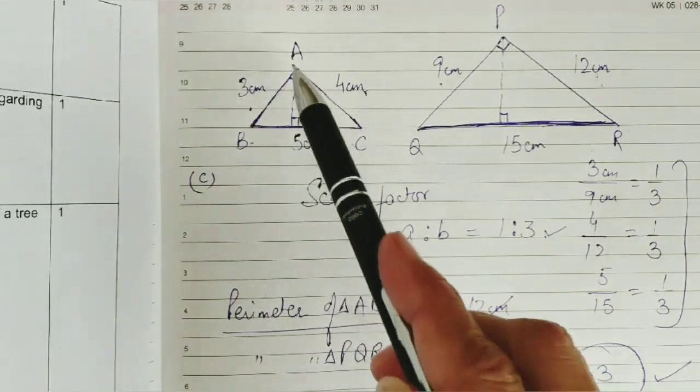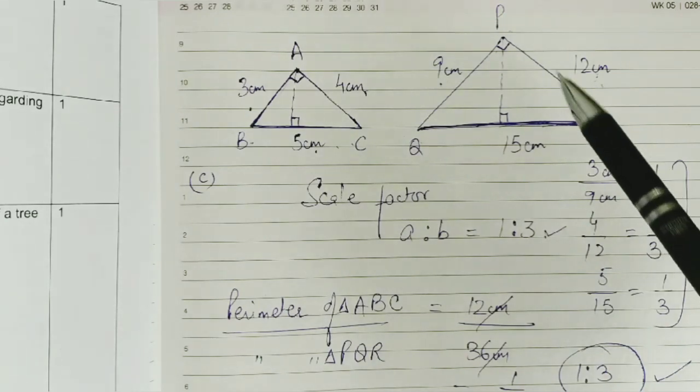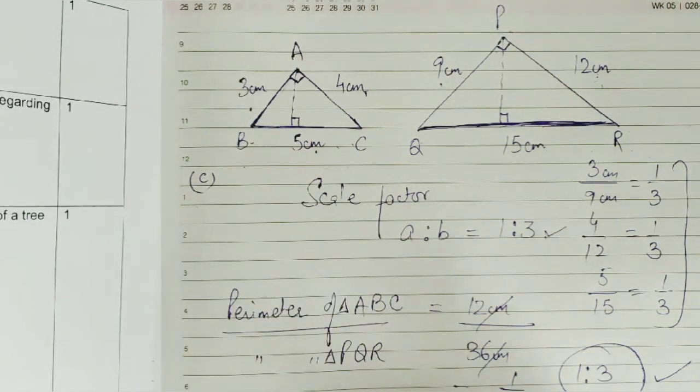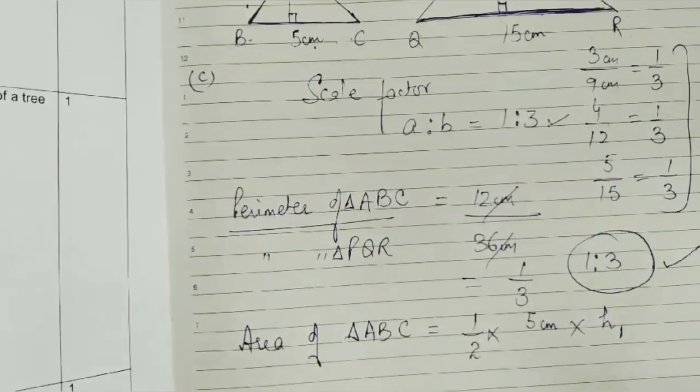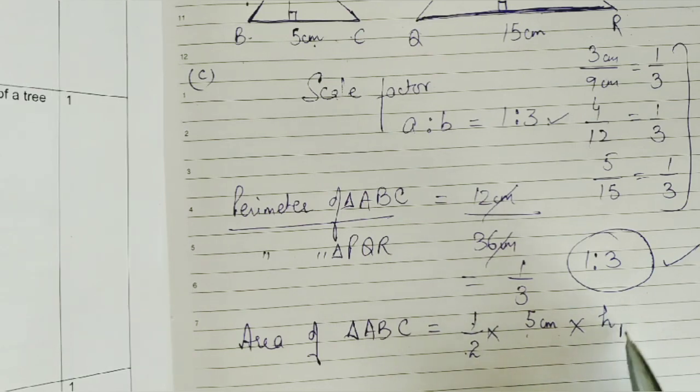The altitude is drawn from A, which falls on BC. In triangle PQR also the altitude has been drawn. Now the area of triangle ABC would be half into base, which is 5, into height. I'm marking it as h1, altitude 1 or h1. So the area of triangle ABC is half into base into height, which is h1.